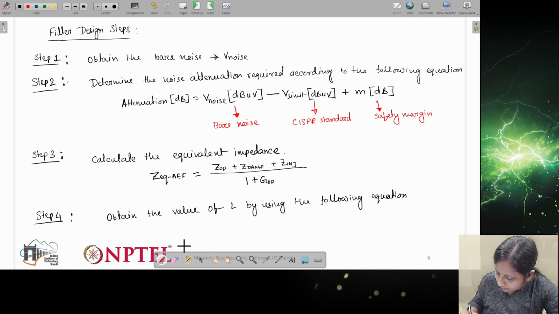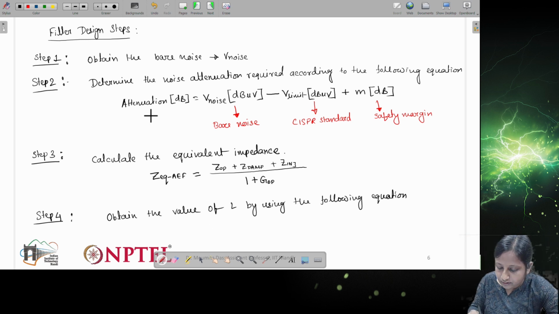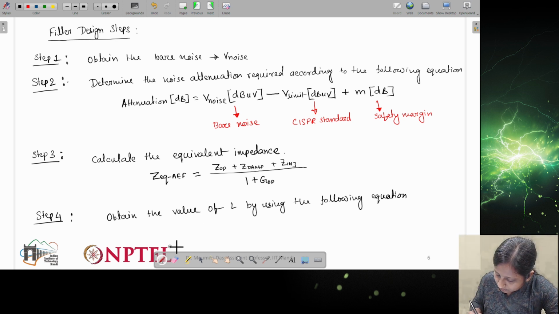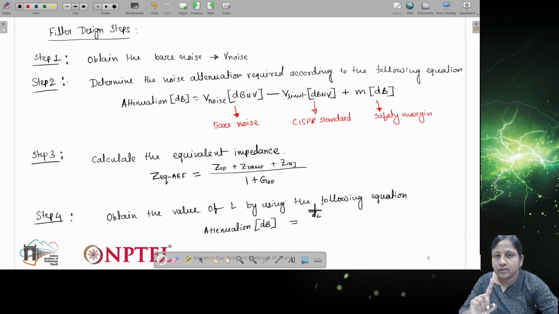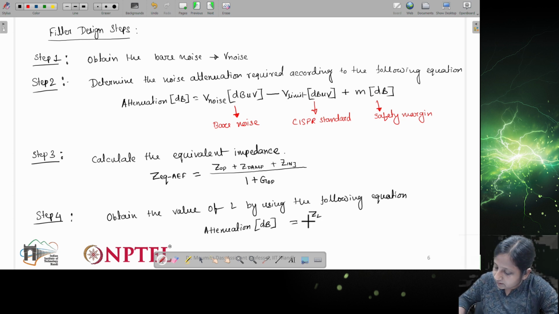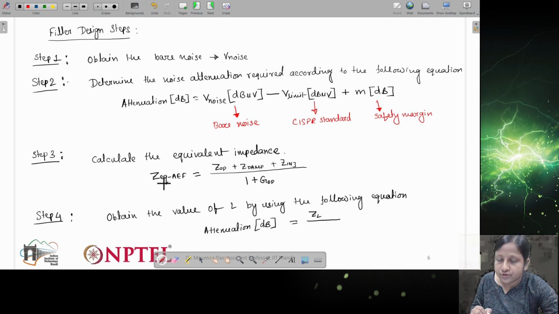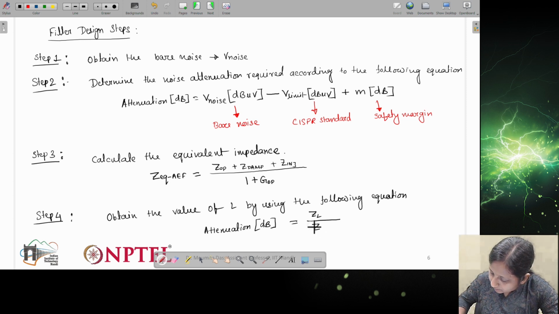So we got this attenuation in dB, right? That attenuation in dB will be equal to ZL, the impedance of the inductor, divided by Z equivalent impedance.